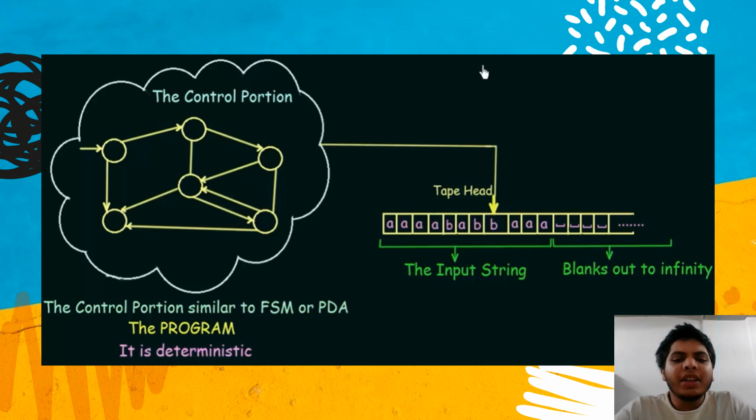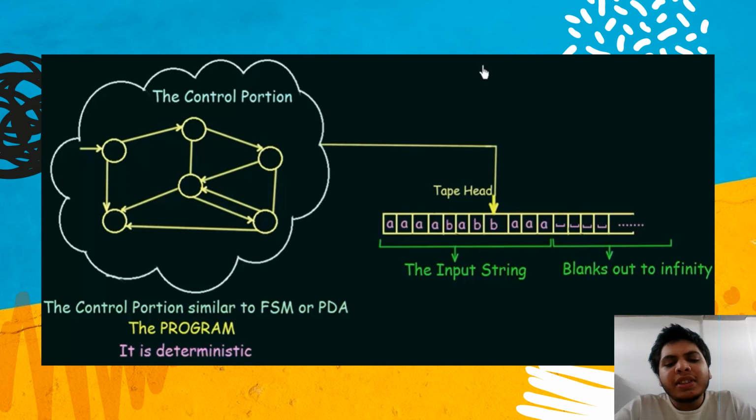And one thing that you need to remember is that it is deterministic. Non-deterministic does not buy you any additional power in the case of a Turing machine, as you will study ahead. So this is the control portion and this is the tape.